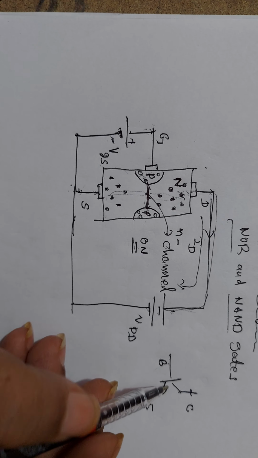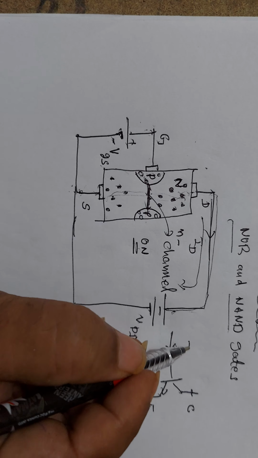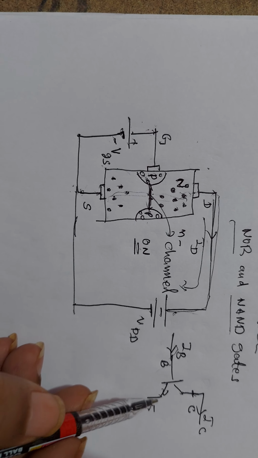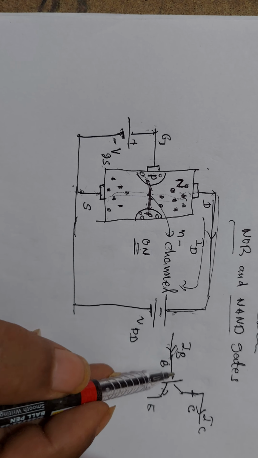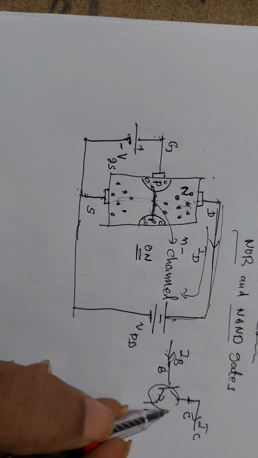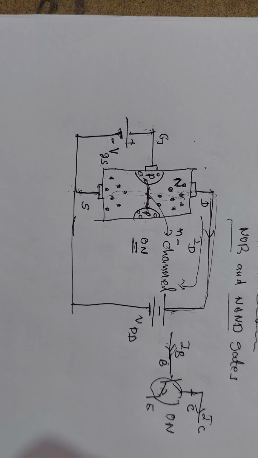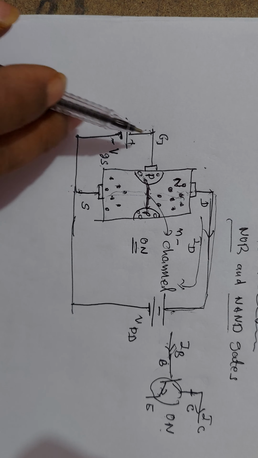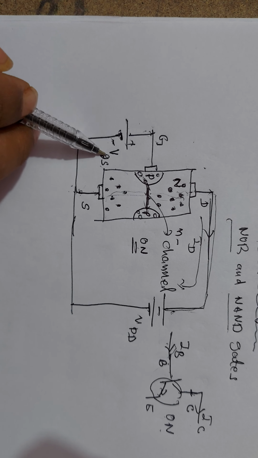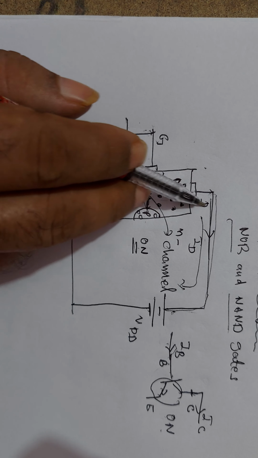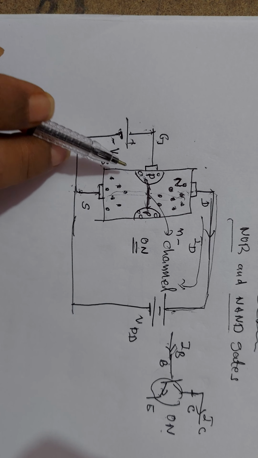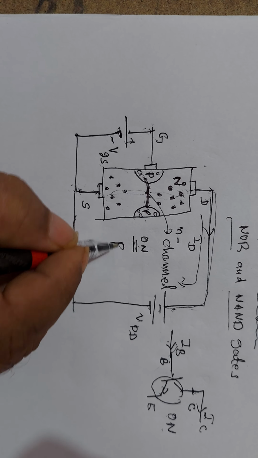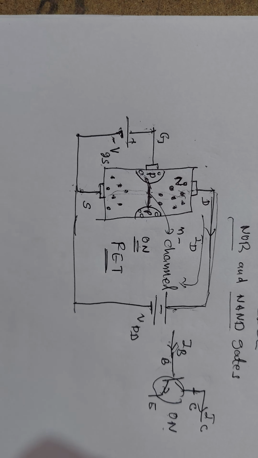In a bipolar transistor, the input current IB causes the output current IC. So output current flows when there is an input current IB, and then we say that the transistor goes to the on condition. Here, the input electric field VGS applied between gate and source causes the drain current. Therefore this is called an electric field effect transistor, or simply field effect transistor, FET.